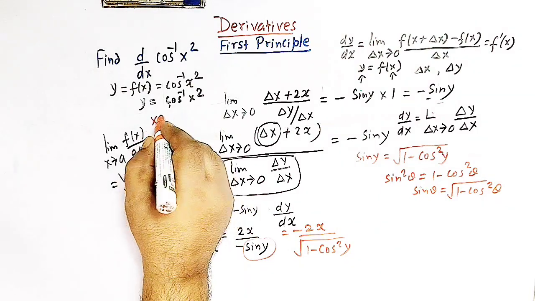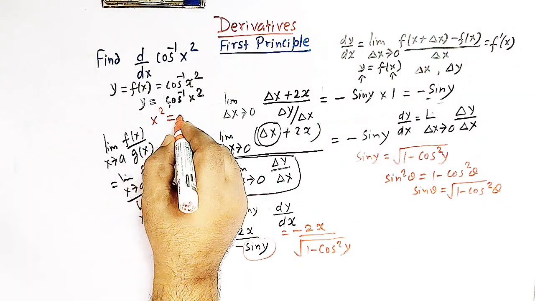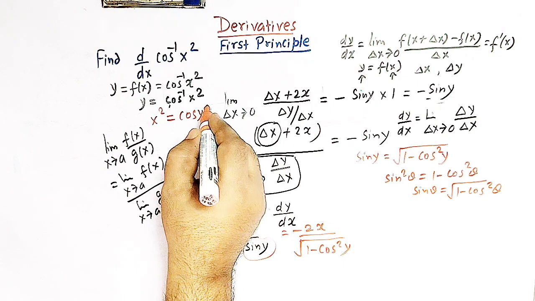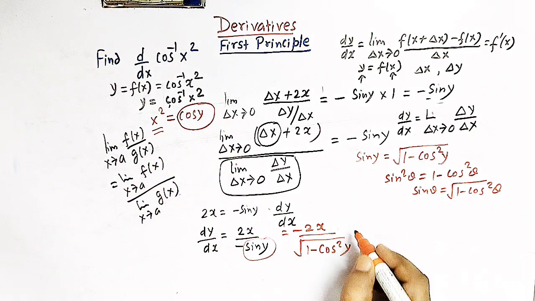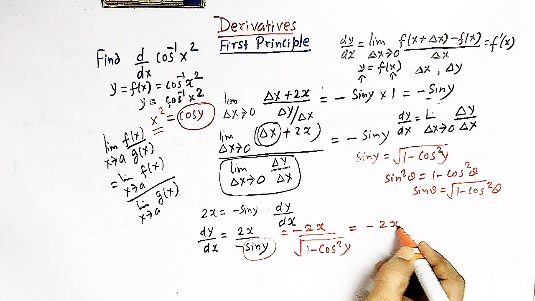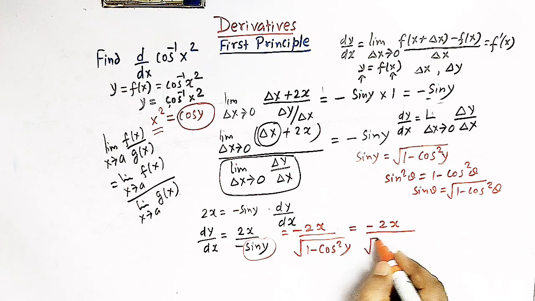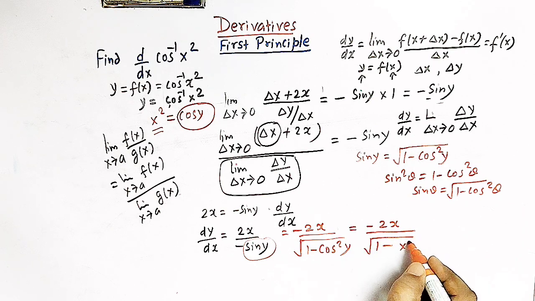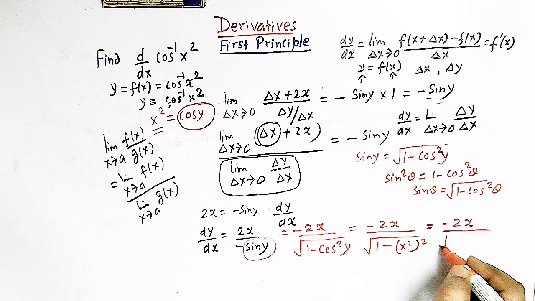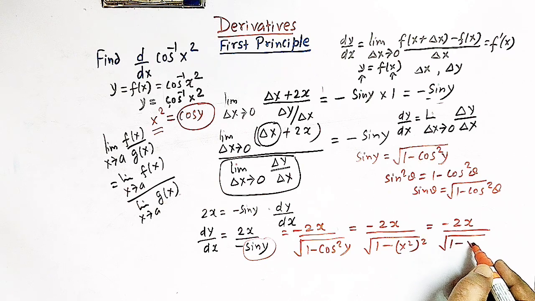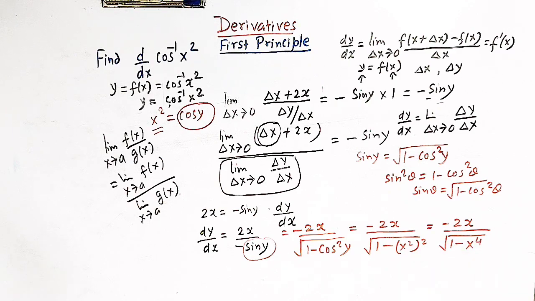So x square is equal to cos of y. So now taking cos y equal to x square, over here we have minus 2x divided by square root of 1 minus x square whole square. So this is minus 2x divided by square root of 1 minus x to the 4, right?